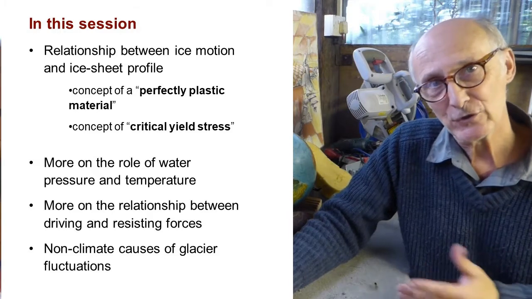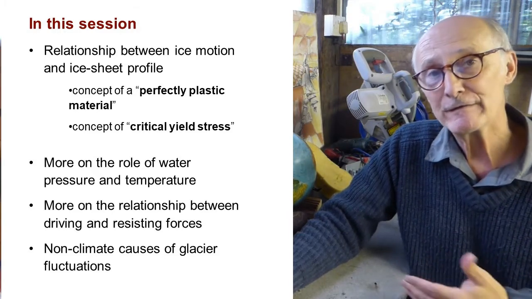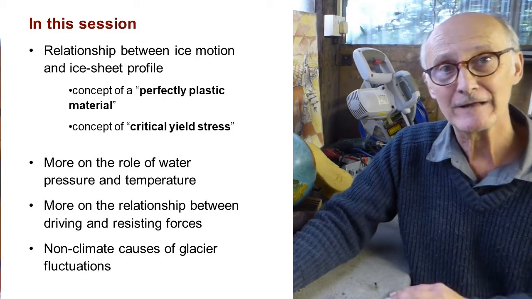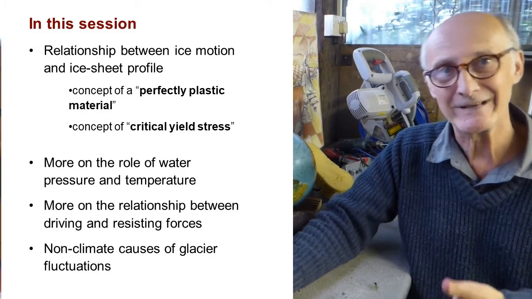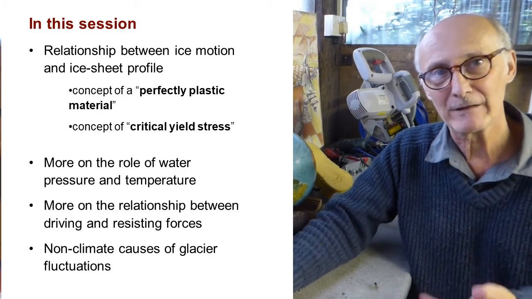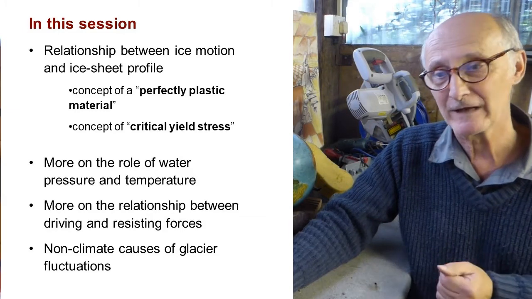Along the way, it should also become clear that we're now identifying some of the reasons that glaciers fluctuate, glacier margins advance and retreat, that are not climate controlled. A lot of glacier advance and retreat is climate controlled through mass balance, but there are also non-climatic controls on the positions of glacier margins.